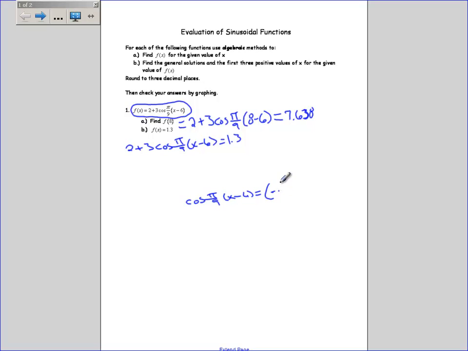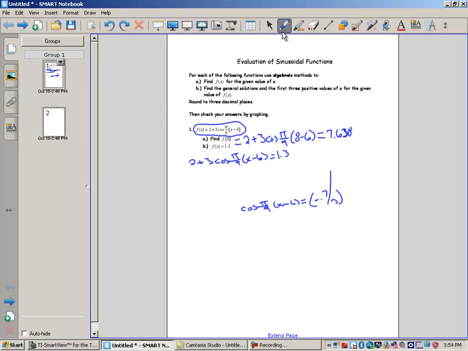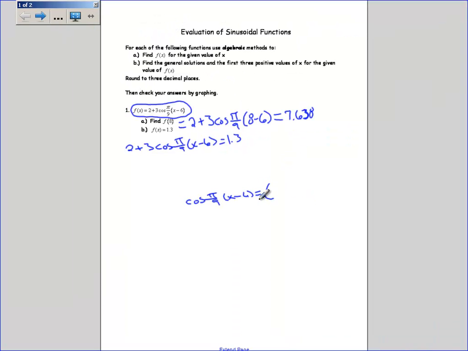And then divided by 3, I'm going to have negative 0.7 divided by 3. There's a funny part on my little board here that does not like the very middle, so I'm going to erase that and jump down a bit. So what do I have over here? Negative 0.7 divided by 3.